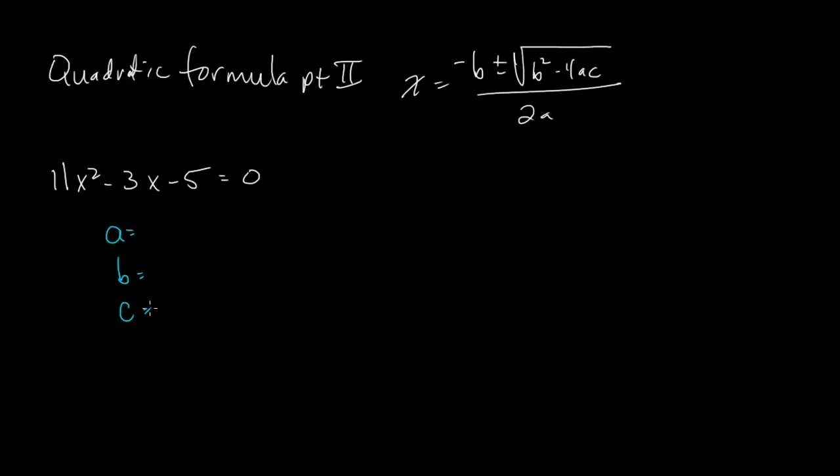So here my A is 11, my B is a negative 3, notice there's a negative in front there, and again with the C I also have a negative number, it's a negative 5. So A is 11, B is negative 3, and C is negative 5.